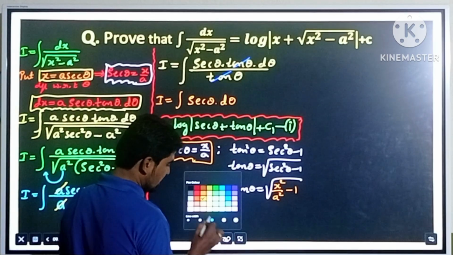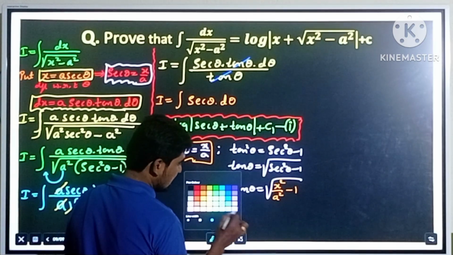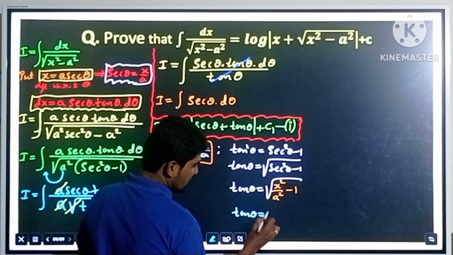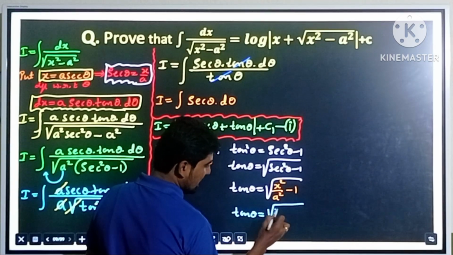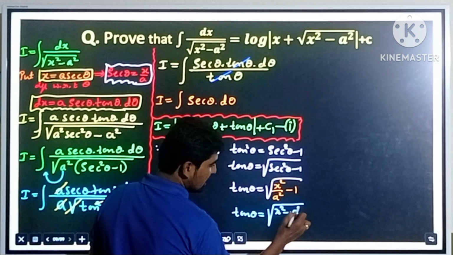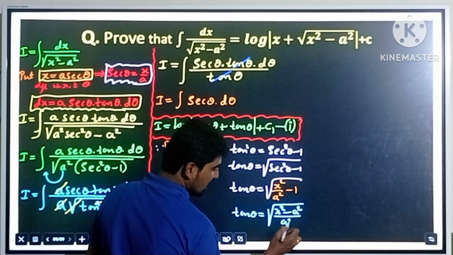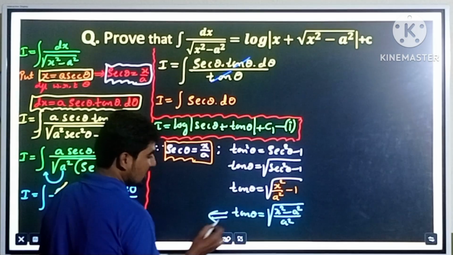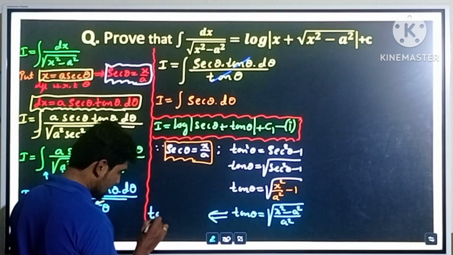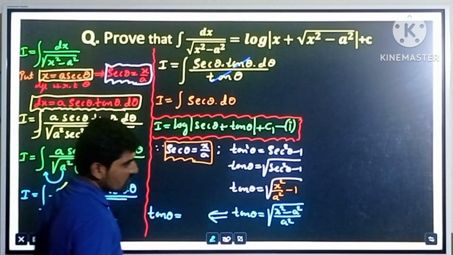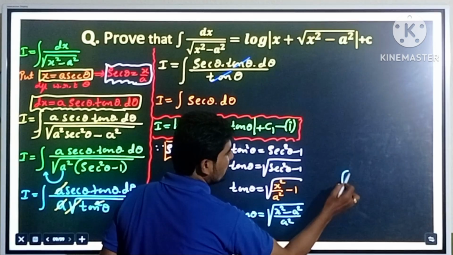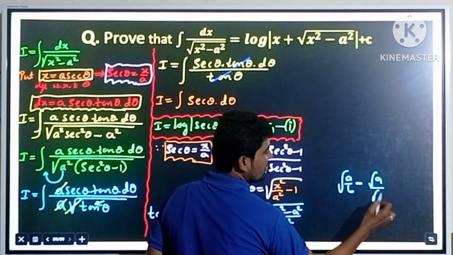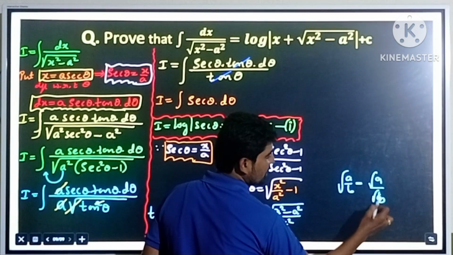Now tan theta is equal to, see here, square root of x square, taking the LCM a square, divided by a square. Therefore tan theta is equal to, see here, square root of a divided by b can be written as square root of a divided by square root of b.